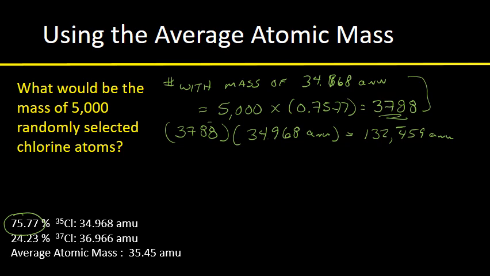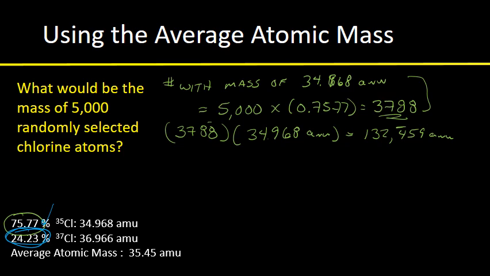But before we round it, this is only a part of the sample. There is also a bunch of atoms with a mass of 36.966 AMU, and the number that would have that mass is just going to be 24.23% of our total.